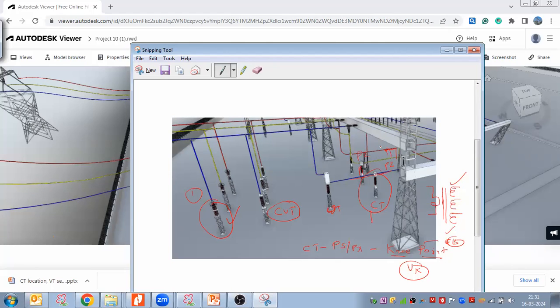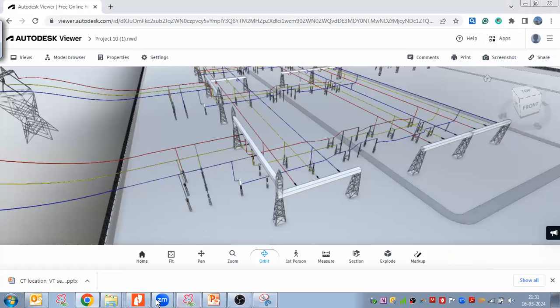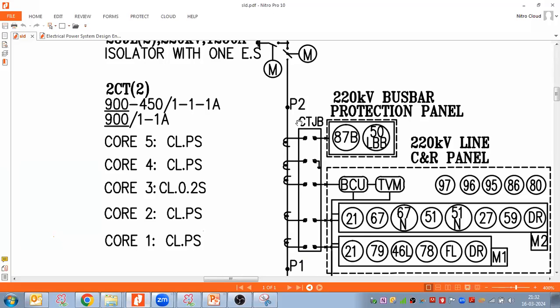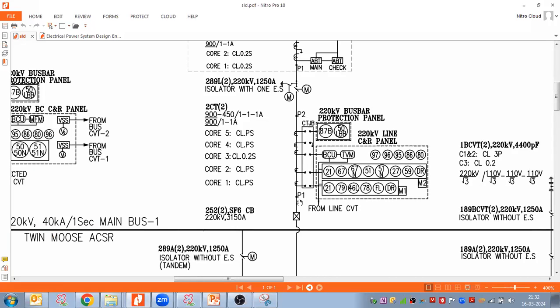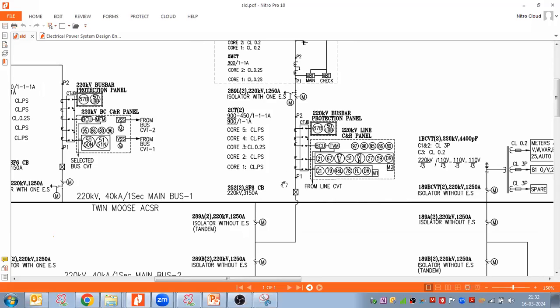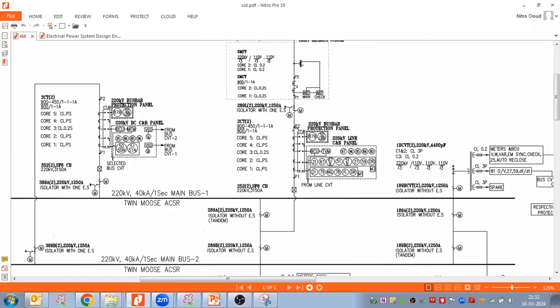The site engineer will take that information from your drawing, so at minimum in the single line diagram and in the layout plan and section drawings, this polarity marking is a must. So when you are making an SLD, make sure you have marked the polarity. Like you can see in this case, polarity P1 and P2 is marked. I'll discuss that polarity marking as well.